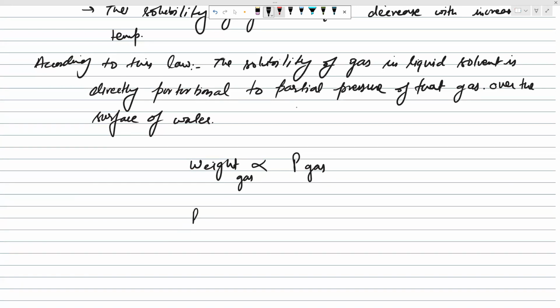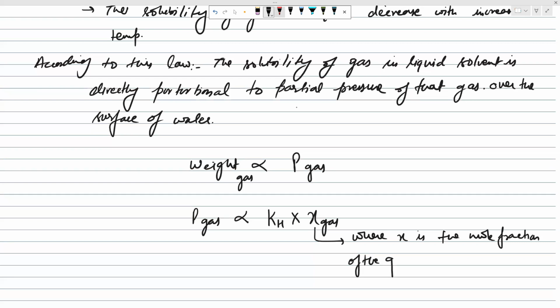So the pressure of the gas is equal to Kh, the Henry's constant, into X of the gas, where X is the mole fraction of the gas.